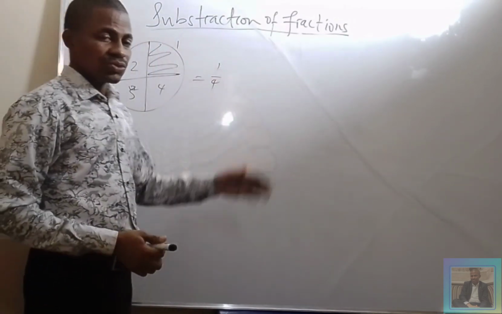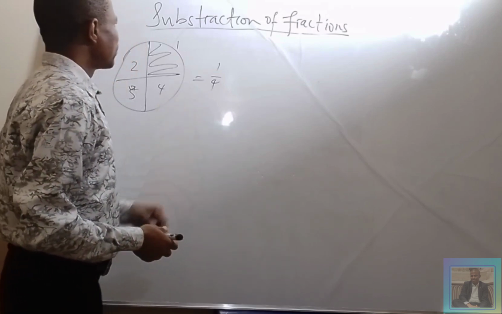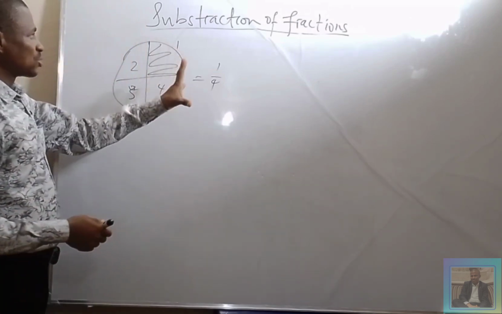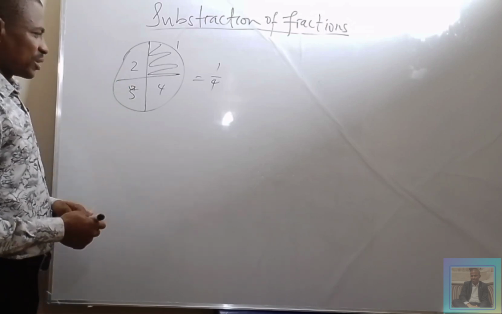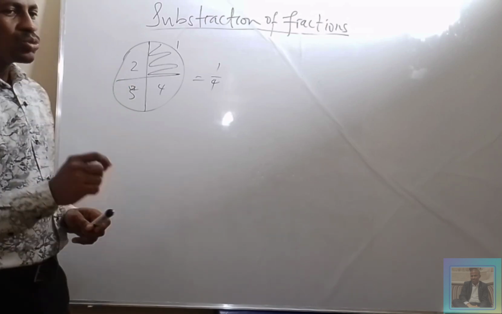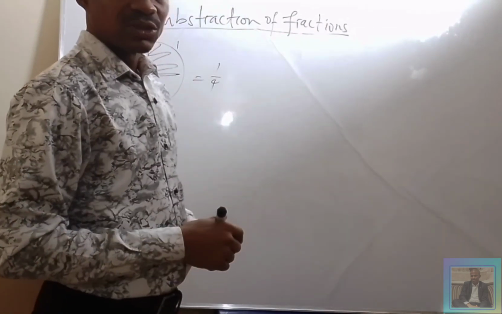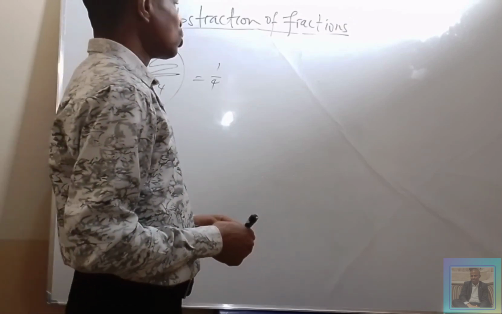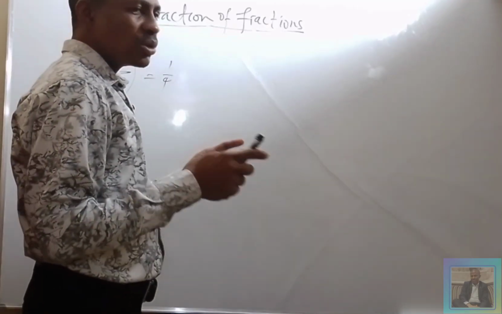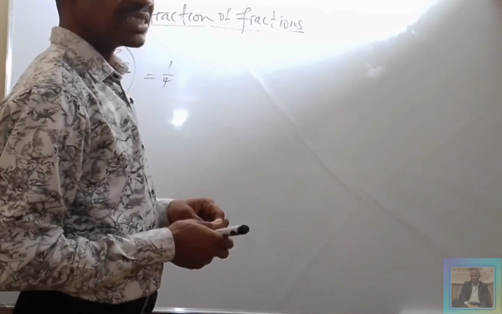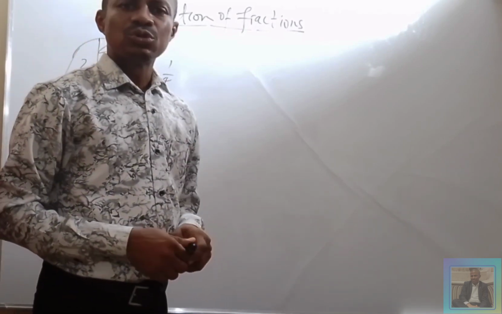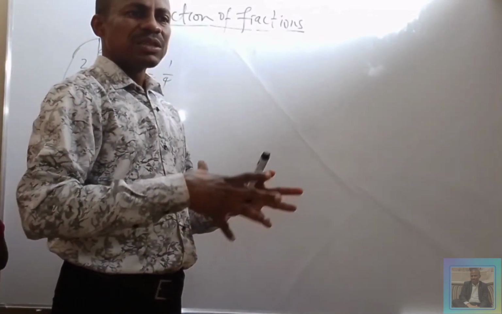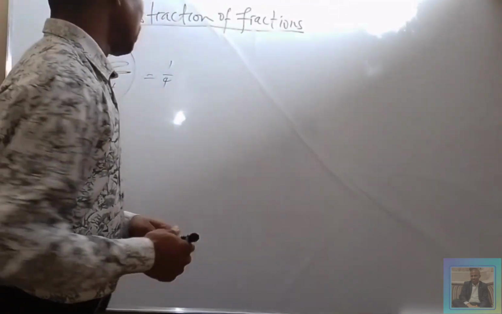Having dealt with addition of fractions and equivalent fractions, today we want to look at subtraction of fractions. Before we subtract fractions, we have to have a common denominator. Before fractions can subtract or add themselves together, they have to have a common denominator.